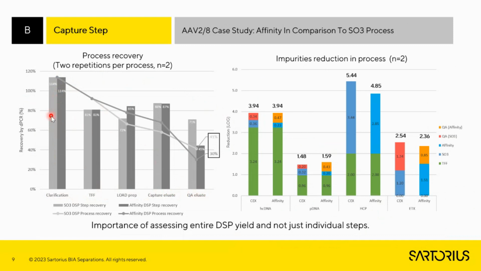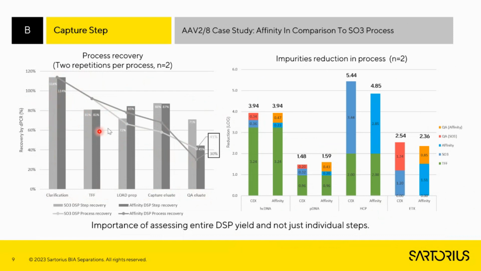The one on the left side represents the SO3 process, whereas the one on the right side, the darker gray, represents the affinity recovery by step. And with the lines, we have the process recovery, meaning accounting for all of the steps. So what am I left with after the TFF, going to the load preparation, and so forth. So really it gives the total mass balance in the end.